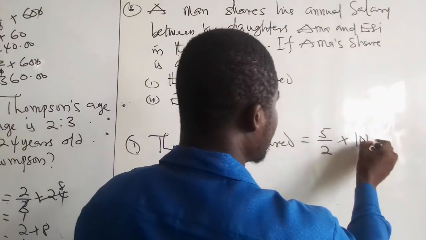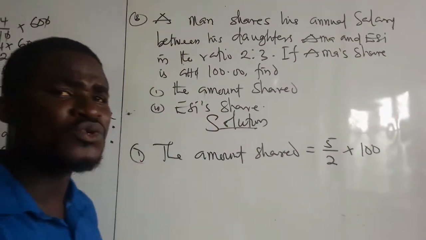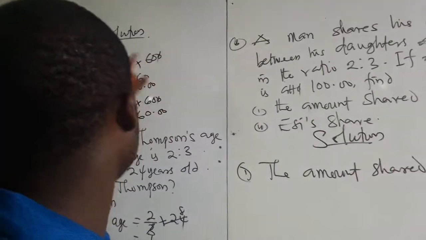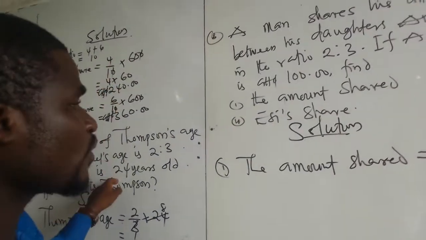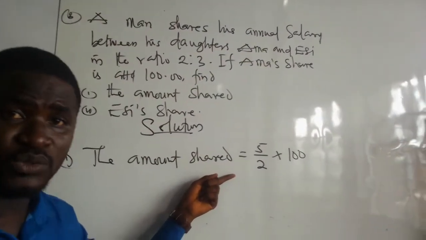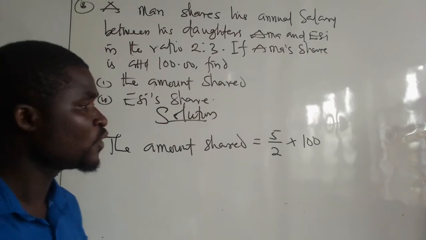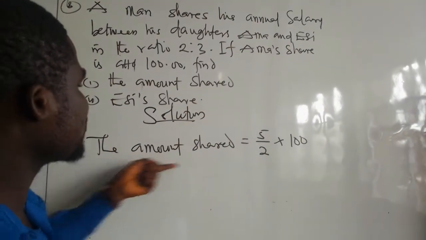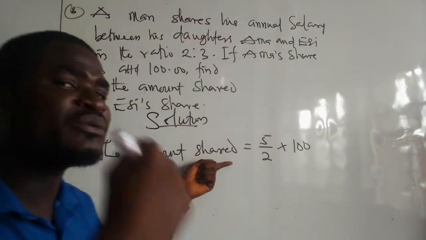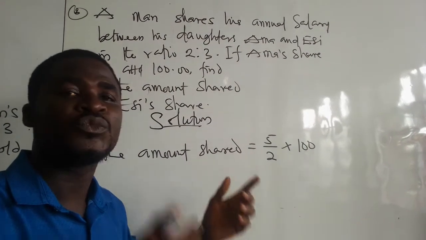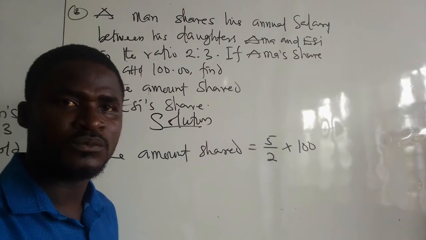That's 100. Now, I want to know the difference for the first question, second question, and then the third question. So take note, the arrangement is very important. Here, we are looking for the amount shared. We will say that the amount shared is equivalent to the total ratio.